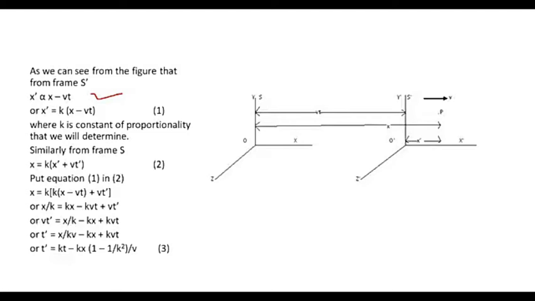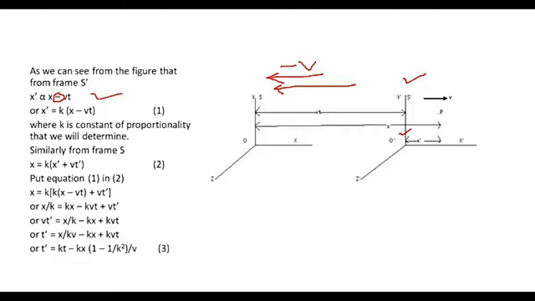After removing the proportionality symbol, for example, x dash equals k into x minus vt. Here the minus sign is due to the negative direction according to this observer. This frame is moving in the negative direction with a velocity minus v, so that's where the minus sign comes from.